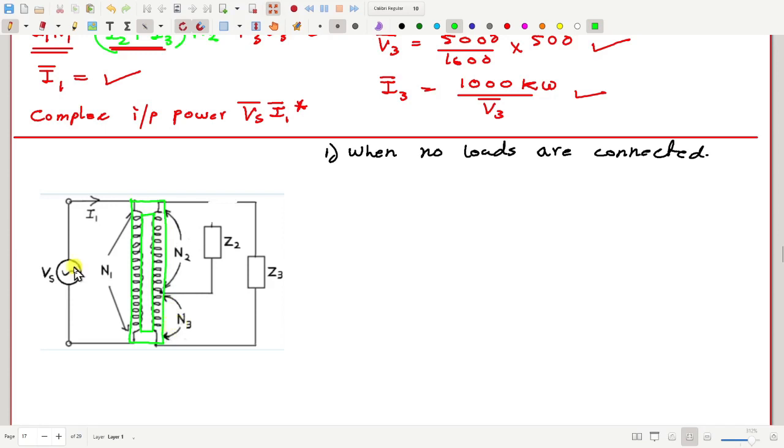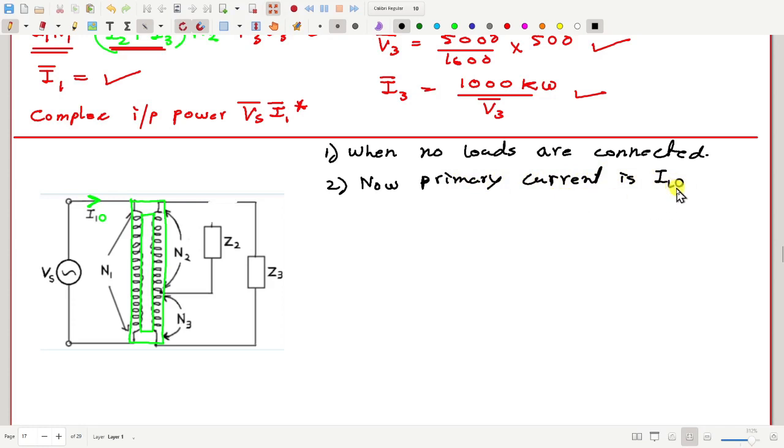Now, current in the second coil is 0 when there is no load connected. And some current is flowing in the primary circuit, call that I10. Primary current is I10.